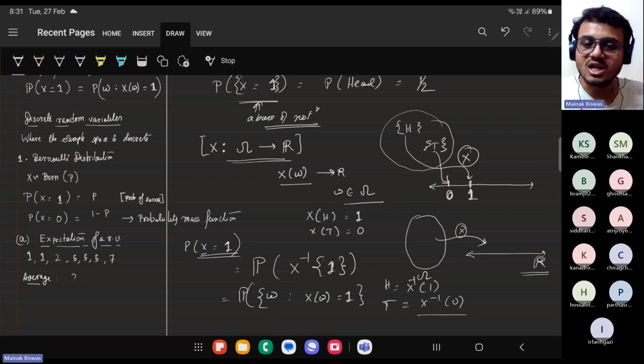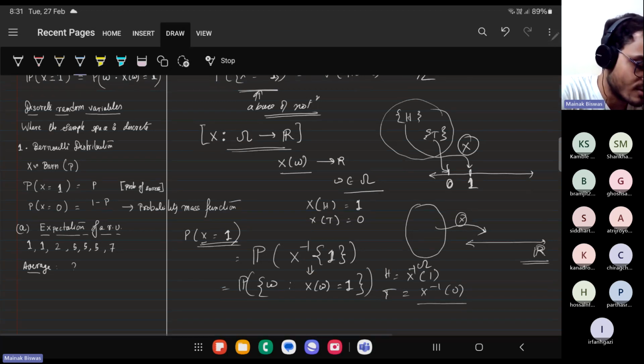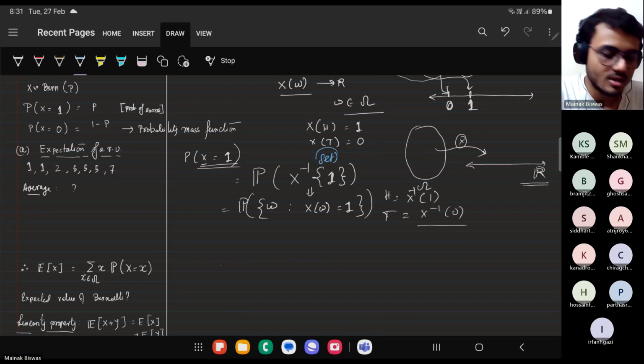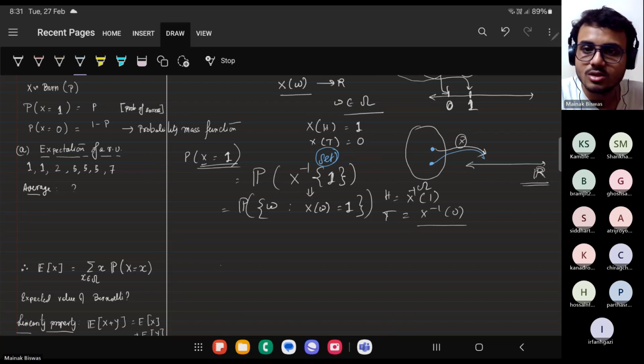So you may have multiple events for which, so X inverse is a set, it's not a function. It need not be a function. It's a set and not a function. Why? For example, you can have two elements, both pointing to 0. It's a valid function. You can have multiple elements in the domain set pointing to the same element in the codomain set, a many to one function. Agreed or not?